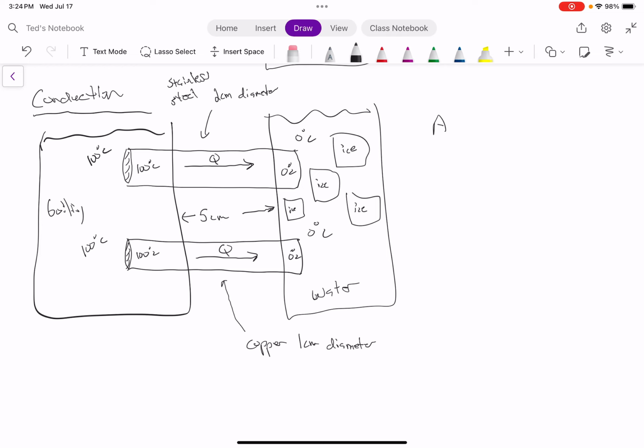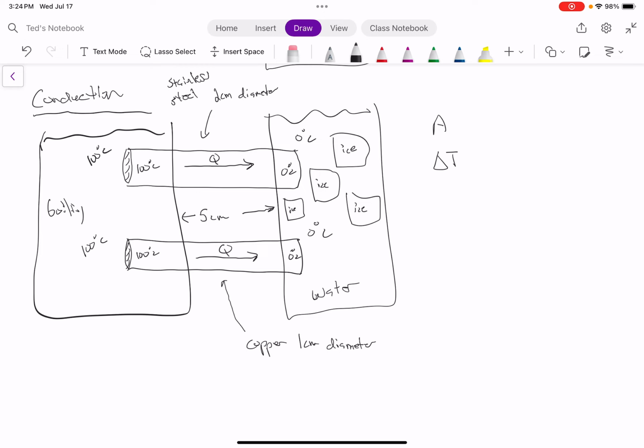Also, the temperature difference between the two sides of the rod is going to play a role. And I think that makes sense. If the left side was 200 degrees instead of 100 degrees, there would be more thermal energy flowing more quickly through the rod.